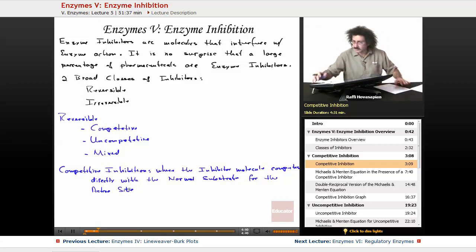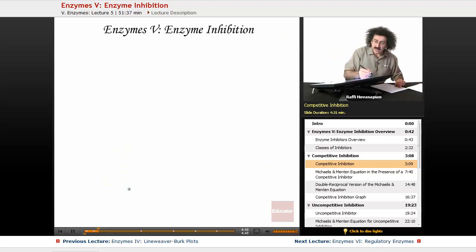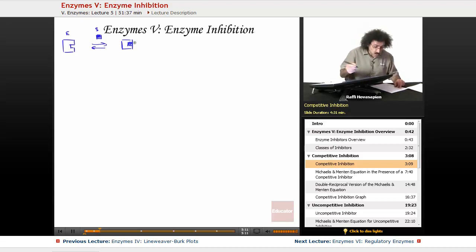So pictorially it looks something like this. Let's say you have some enzyme, it looks something like this. Let's say our normal substrate looks like that. So when the enzyme and the substrate come together, I'll put S here, and I'll put E for enzyme, we end up with our enzyme substrate complex. Well, the inhibitor, let's say it looks something like that.